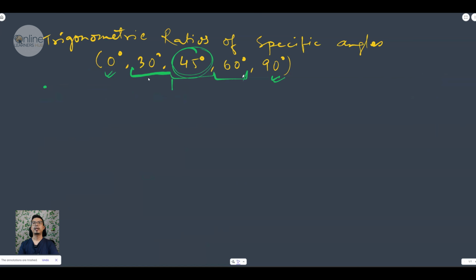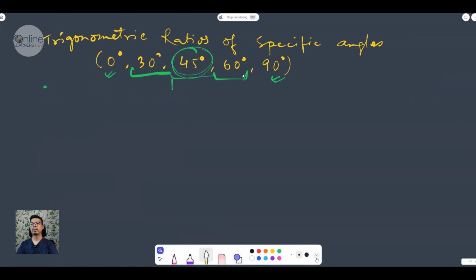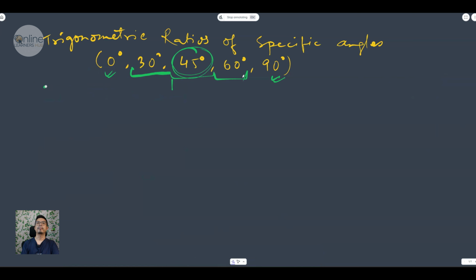Okay, now let's start with 0 degree. Let me change the color as well. Now as I told you, the angle which is shown here should be a base angle. Now if the base angle of a triangle is 0 degree, how will it look? For example, this is a right angle triangle.